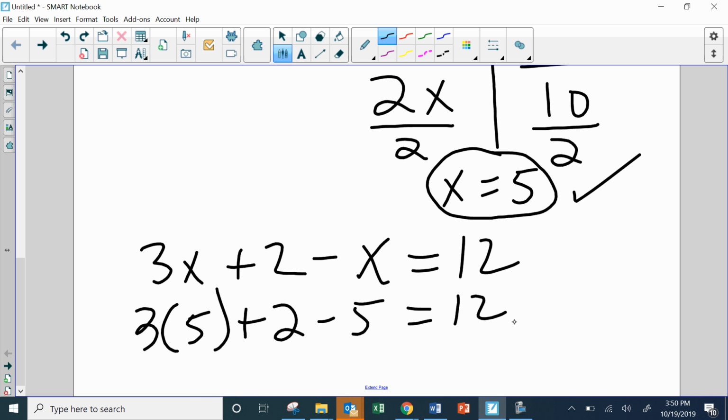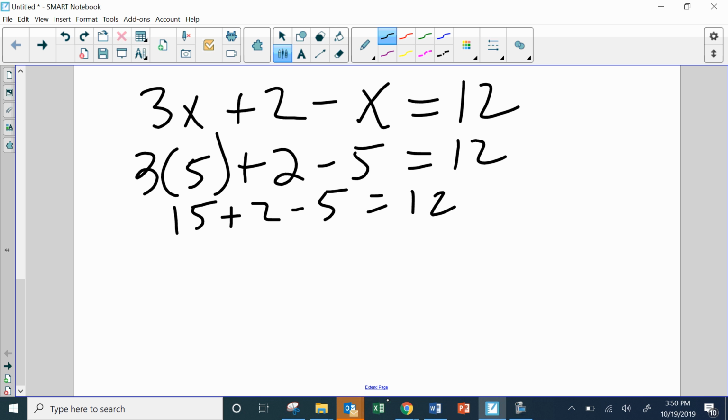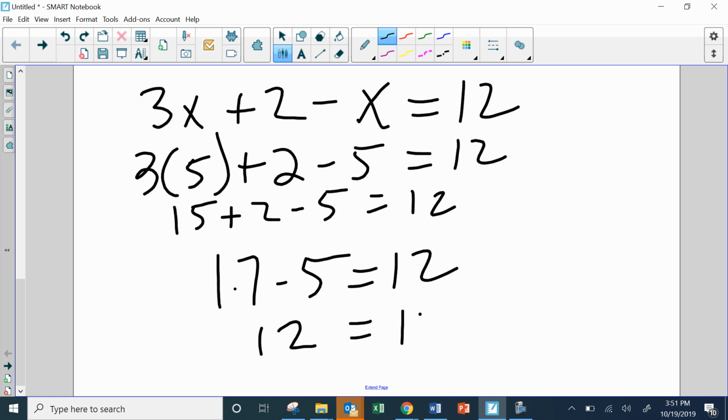That would give me 15 plus 2 subtract 5 better equal 12. And that would give me 17 subtract 5 better equal 12. And yes, 17 subtract 5 is equal to 12. So I know I solved that correctly.